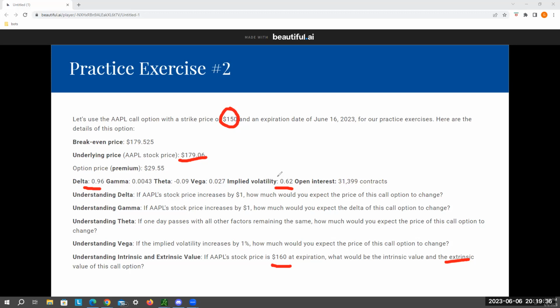Do you remember the equations of how to get your intrinsic and extrinsic value? If you guys do know, I'm not trying to give you the answer too quick, so I'll let you think about it.